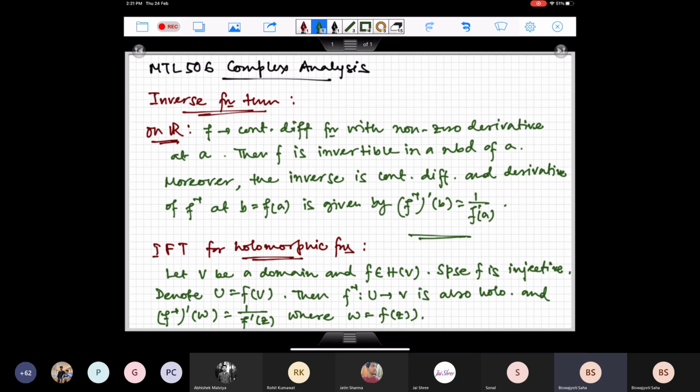Here, of course, I am going to apply one statement which I believe I had stated at the time of proving holomorphicity of a branch of logarithm. So what was that statement?